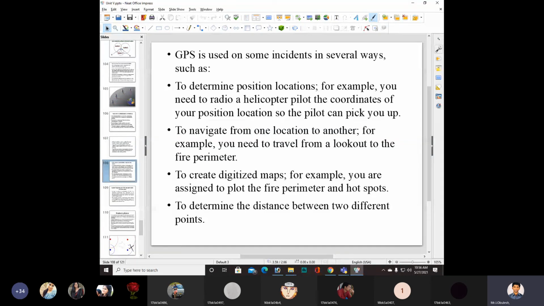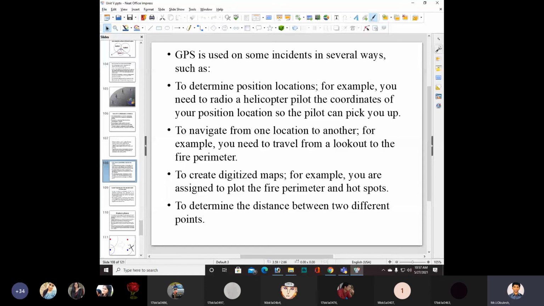The GPS is used on incidents in several ways, such as to determine position locations. For example, you need to radio a helicopter pilot the coordinates of your position location, so the pilot can pick you up. To navigate from one location to another, for example, you need to travel from a lookout to the fire perimeter. To create digitized maps.